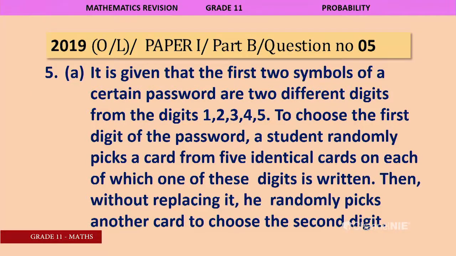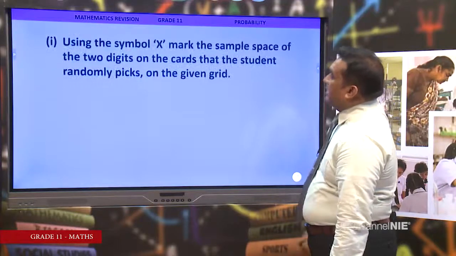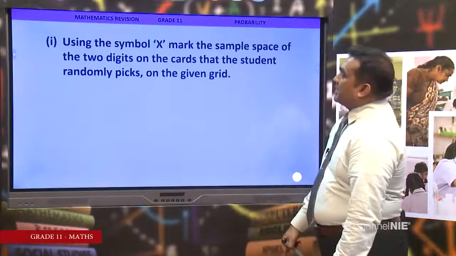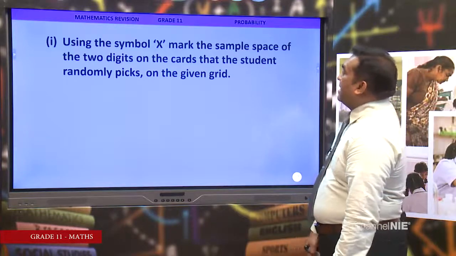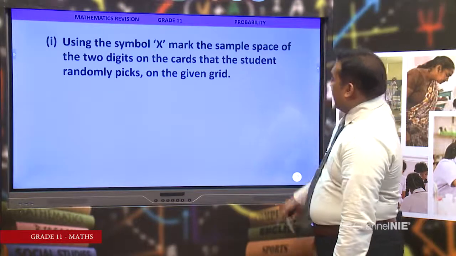He randomly picks another card to choose the second digit. We will see how to represent this experiment graphically. Using the cross mark, show the sample space of the two digits on the cards that the student randomly picks on the given grid, right?